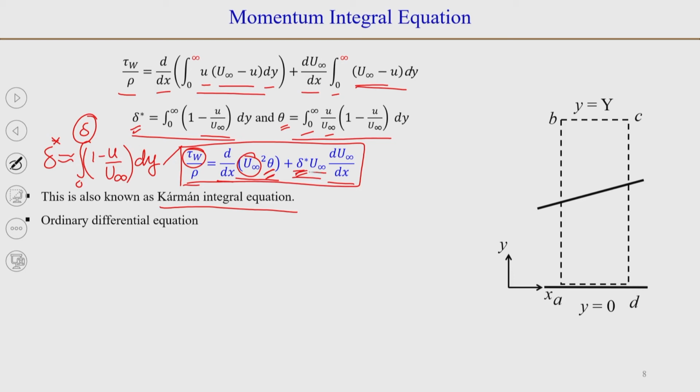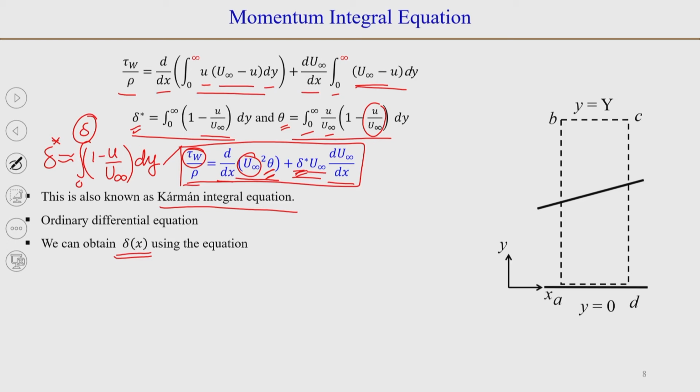So, this has implicitly delta in it, there is tau w, there is u infinity, and both delta star and theta are functions of u by u infinity, which is basically the profile of velocity in the boundary layer. So, to solve this equation, let us say we want to find the variation of boundary layer thickness along the x direction, we can use this equation, or for a known delta x we can find tau w.